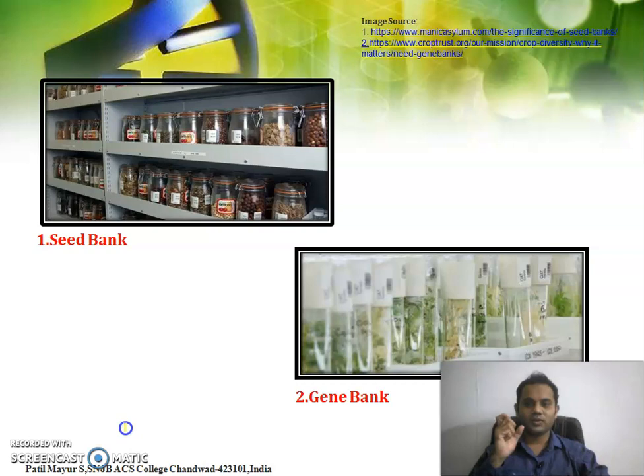Okay, so these are images taken from an internet source, for which the references are given. These are the seed banks, the in vivo type of gene bank, in which seeds are preserved as they are, and second is the in vitro gene bank. So these are two different types of gene banks.